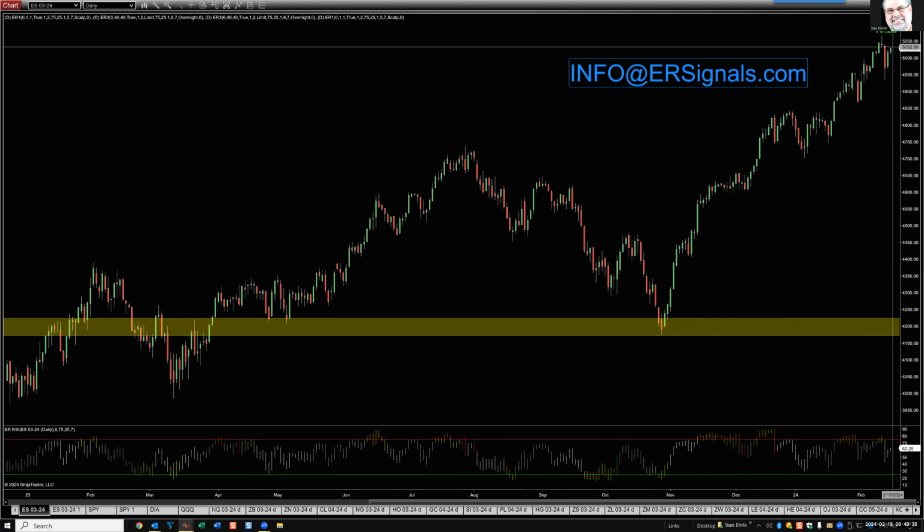We did not have a gap down like we did on the Spider SPY, like we did on the DIA, and like we did on the QQQ, because they don't trade almost 24 hours a day. The E-mini, as you probably are aware, and there are millions of transactions in this thing every day, so a lot of people like the ES or the E-mini. It trades 23 hours a day.